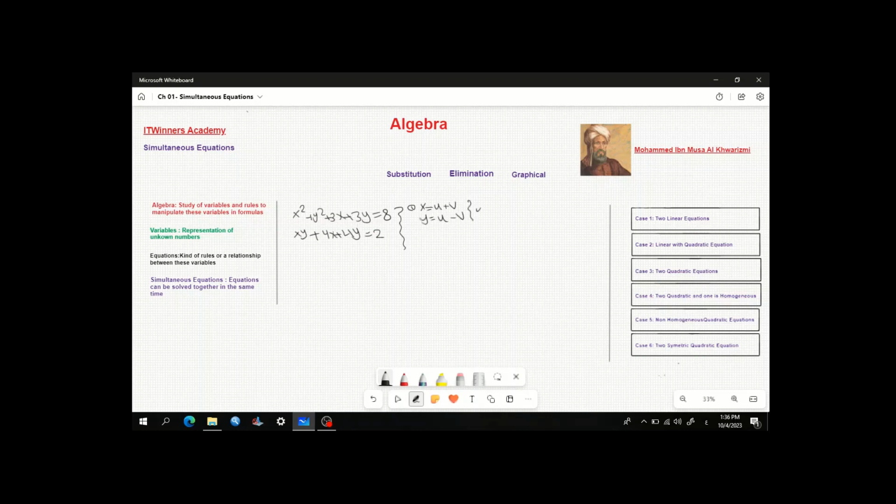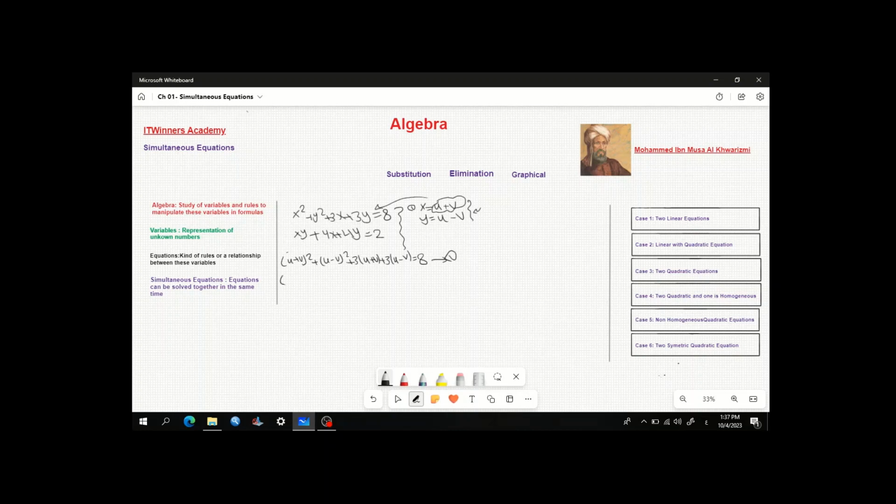But why do I substitute with that? Because if I take these values and put them here, nothing will change. Now rewrite that in these forms: u plus v squared plus u minus v squared plus 3 times u plus v plus 3 times u minus v equal to 8, the first equation.